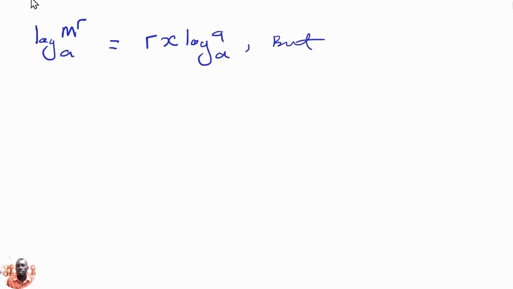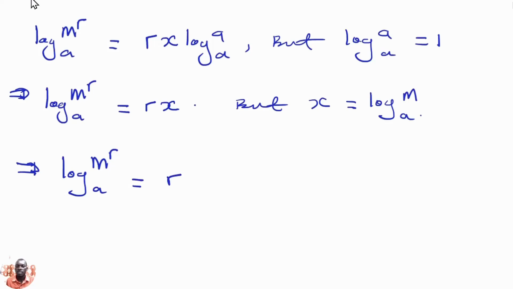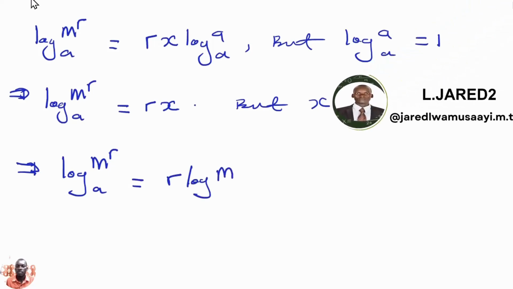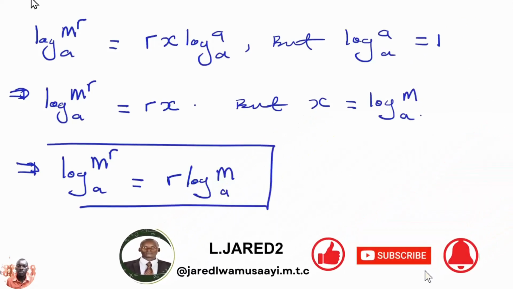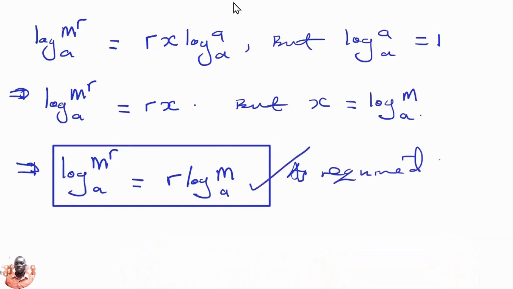But we know that the log of a base a is the same as 1, implying that we have the log of m raised to power r of base a being equal to rx, but x equals the log of m base a, implying that log of m raised to power r base a is the same as having r multiplying by x, which is log of m base a. So this is the expression they wanted us to prove, as required. So this becomes the proof for that.